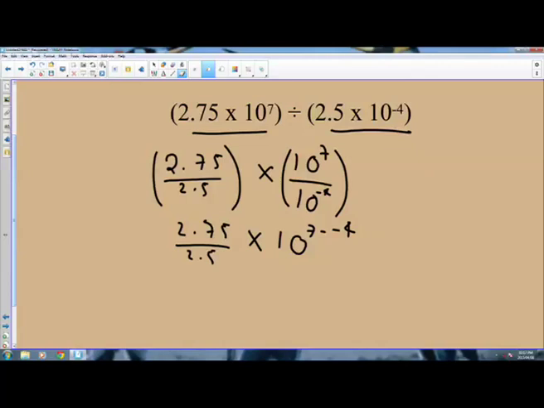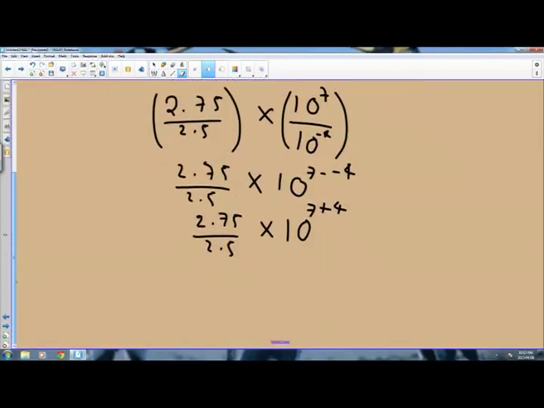So this will be 2.75 divided by 2.5 times 10 to the power 7 minus negative 4, which becomes 10 to the power 7 plus 4. Negative times negative is positive, so it becomes 7 plus 4, and then this will be 2.75 divided by 2.5 times 10 to the power 11.